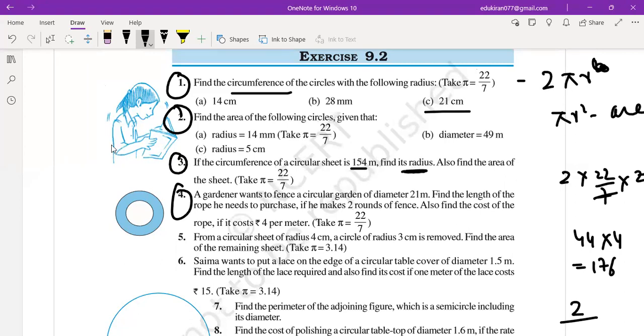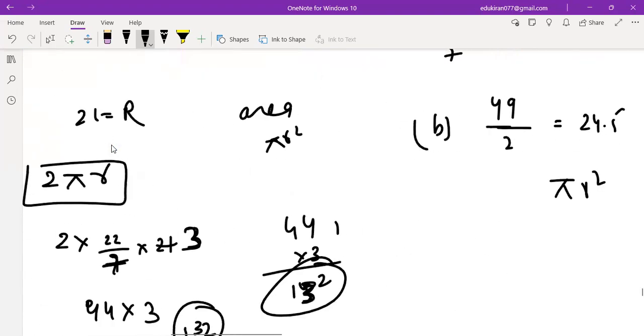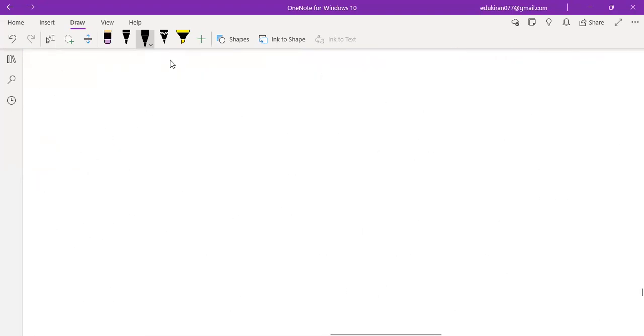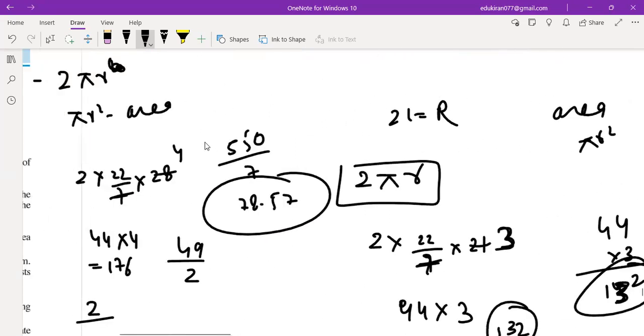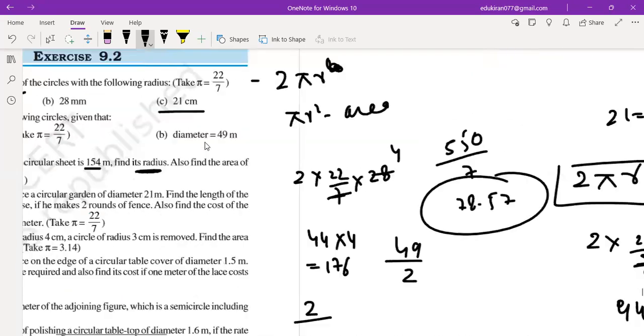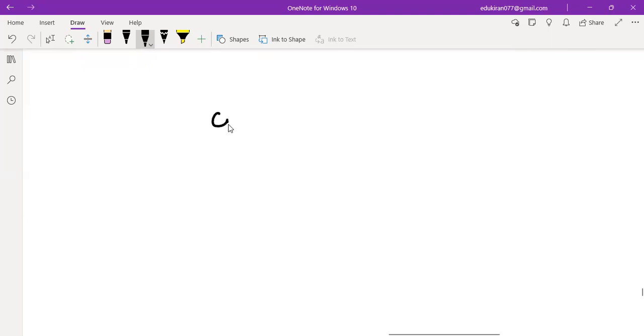Sakrika, what happened? We did this type of questions, right? You people remember when area was given for the triangle, you used to find height. So over here, what was the question? Circumference is given to you, right?